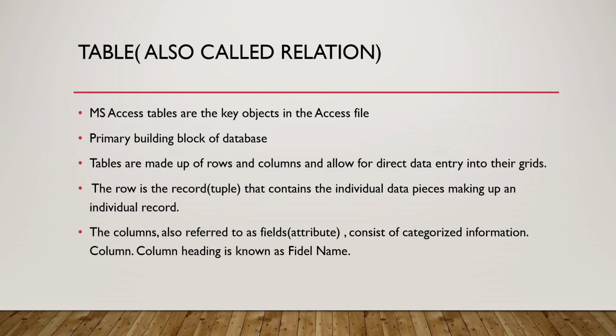The tables are made up of rows and columns. It consists of rows and columns and allows for direct data entry into the grids. That means directly you can add data in the grids, that is rows and columns. The row, which is also called a tuple, is used to represent a record, and contains the individual data making up an individual record.